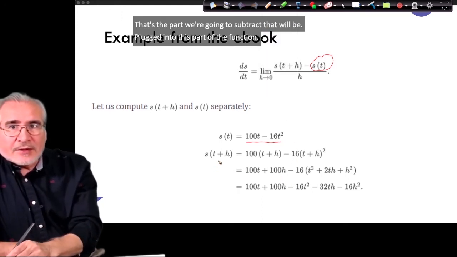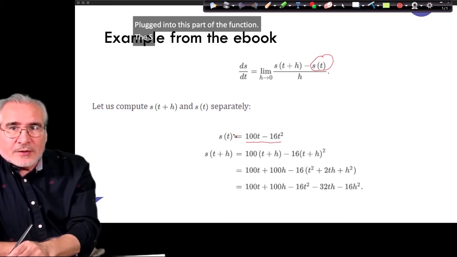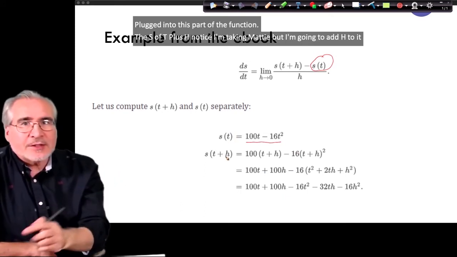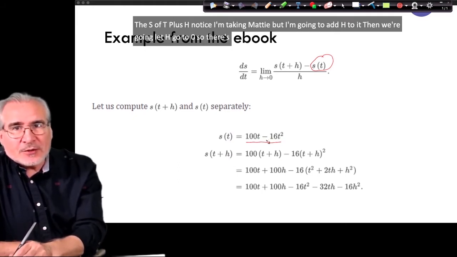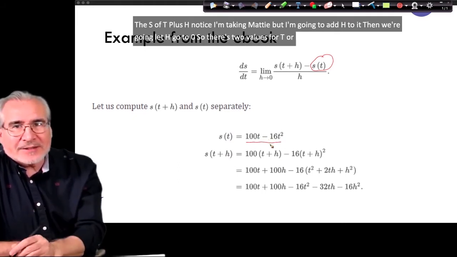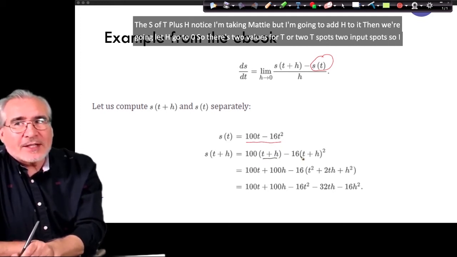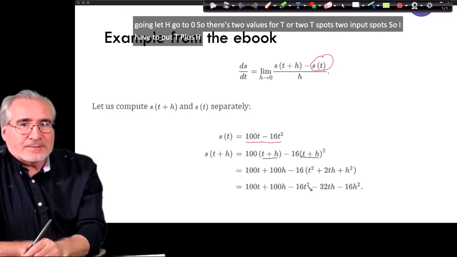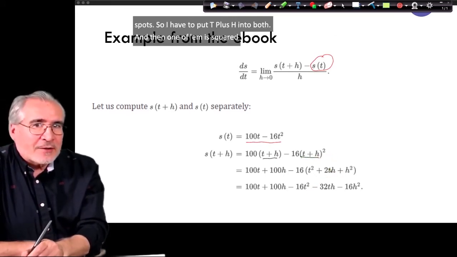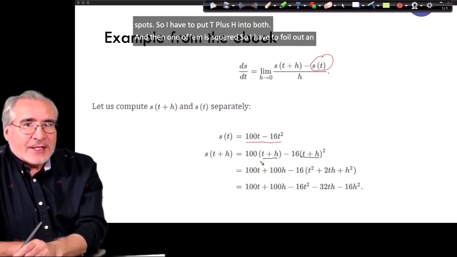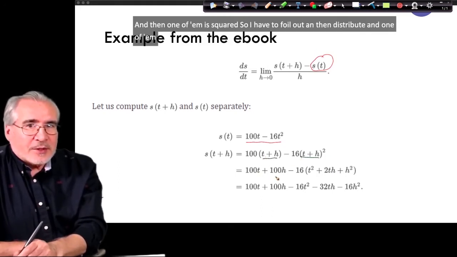The s of t plus h, notice I'm at t, but I'm going to add h to it, and we're going to let h go to 0. So there's 2 values for t, or 2 t spots, 2 input spots. So I have to put t plus h into both. And then one of them is squared, so I have to FOIL out and then distribute. And one of them I just have to distribute.